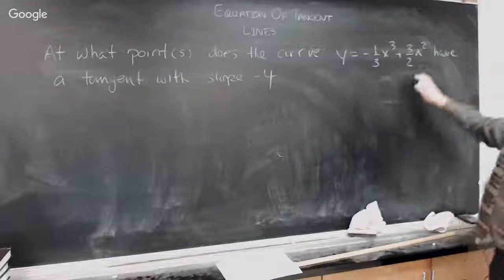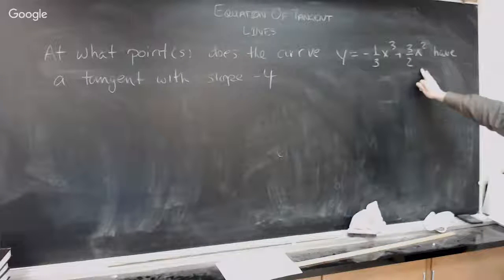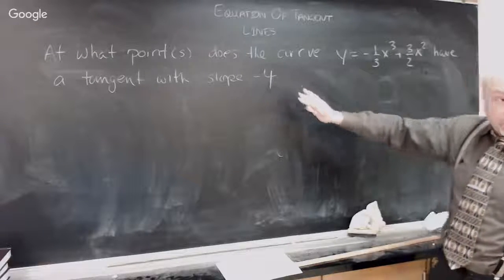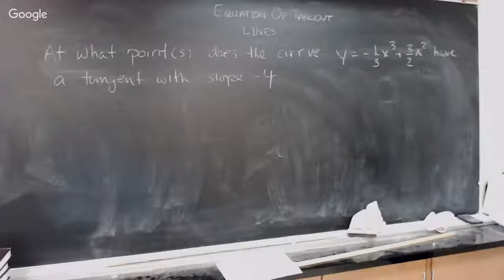Okay, and so this is a cubic. Potentially there's more than one place where this curve could have a tangent line with a slope of -4.